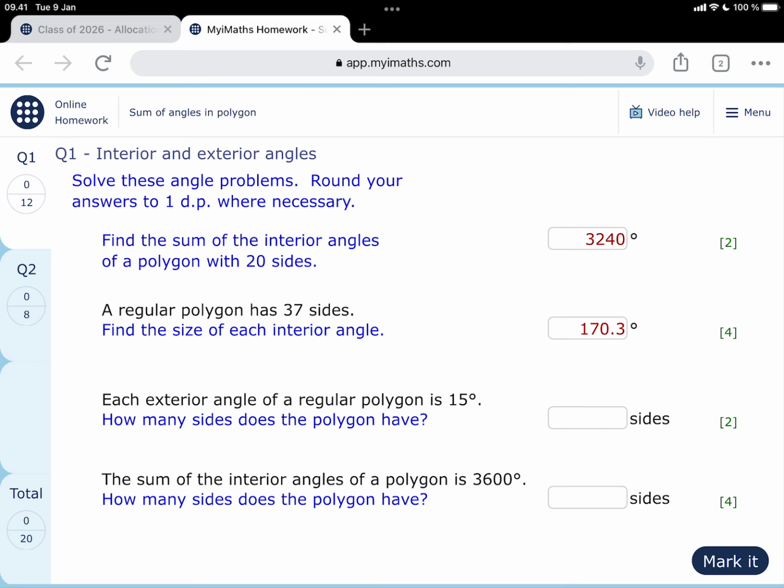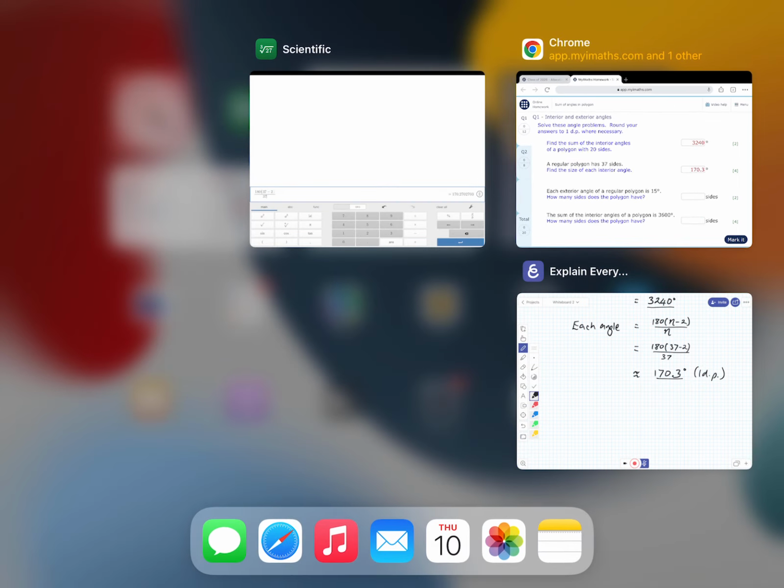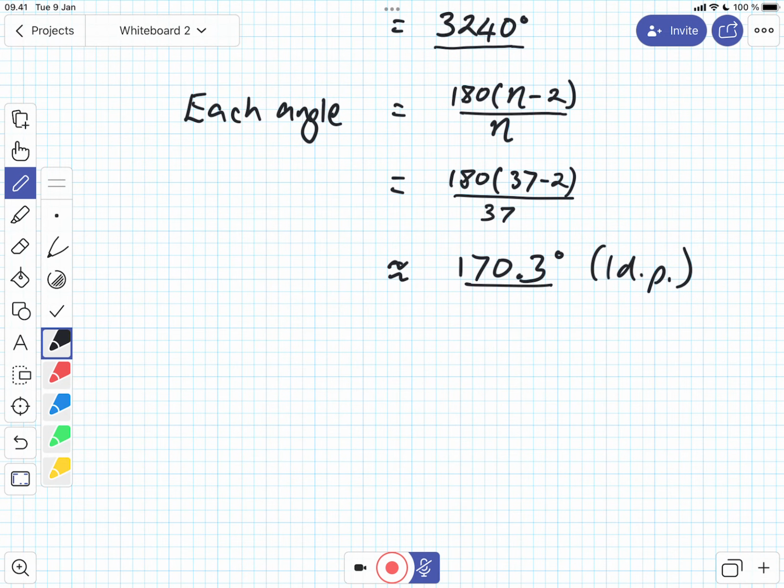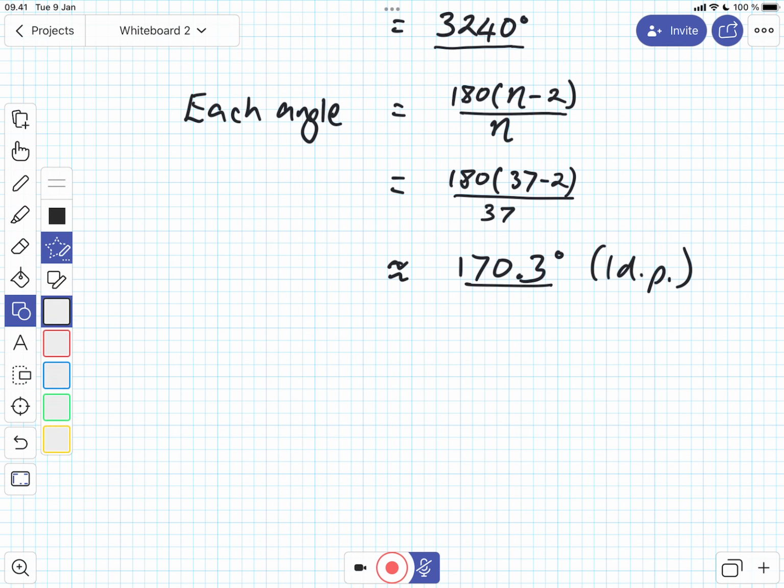Okay, question 3. Each exterior angle of a regular polygon is 15 degrees. How many sides does this polygon have? Well, there's a couple of ways you can approach this, but first of all, let's remind ourselves what an exterior angle is.